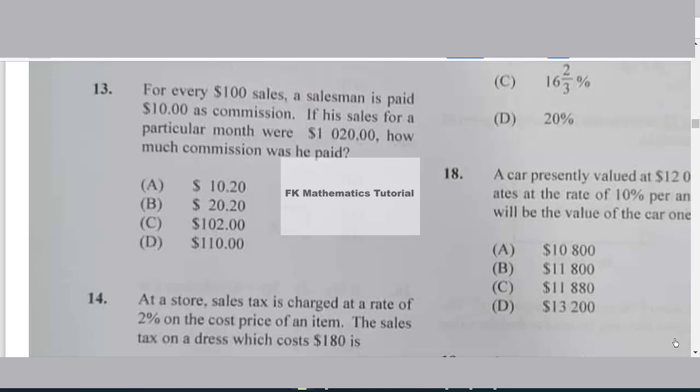So first we need to figure out how many $100 are in 1,020. So you divide 1,020 by $100, and that will give you 10.2.